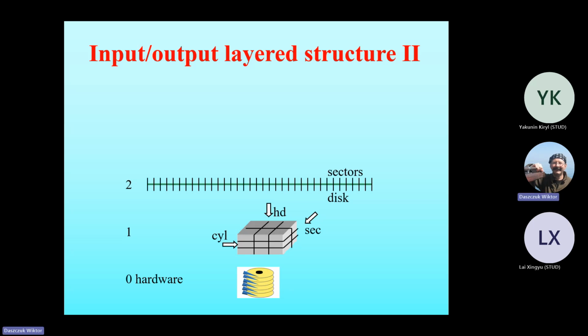So there are some sector numbers that are not physically represented. For example, if we have 18 sectors per track, we need 5 bits to address them. But addresses like 20, 30 are not represented physically. So we have gaps in the address space. But the handler on this level gives us a continuous space of sectors from number 0 to the maximum number.